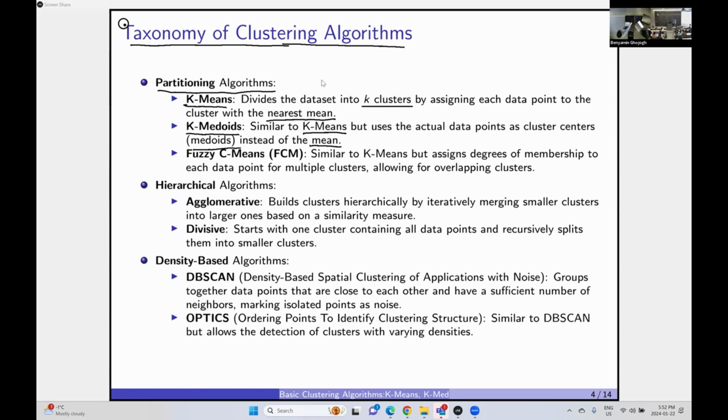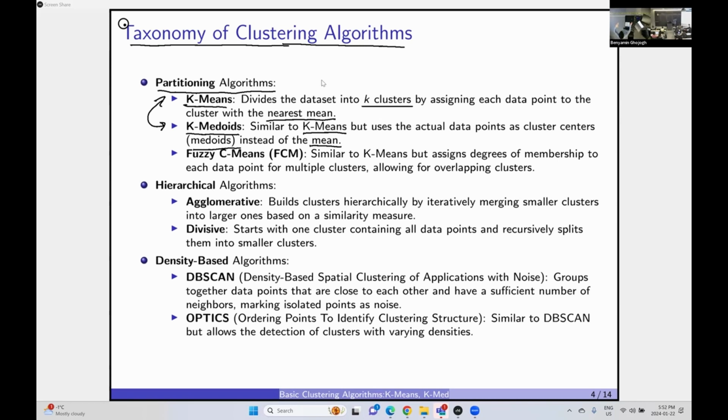What is a medoid? I will talk about it. What is the difference between K-means and K-medoids? In K-medoids, the cluster centers that you return at the end will be one of the data points. In K-means, your cluster centers are not necessarily one of the data points. I will explain this in more detail in a few slides.